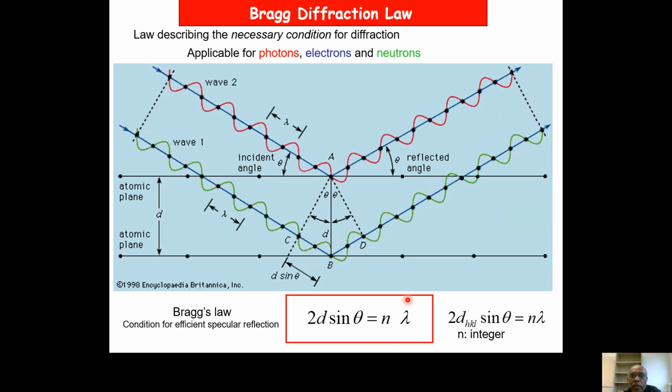That's the condition for diffraction: 2d sine theta equals n lambda. This d means the distance between two atomic planes. Typically we write that as d_HKL, where HKL are the Miller indices of a given atomic plane. I hope everybody is familiar with the Miller indices. And remember, n is an integer.